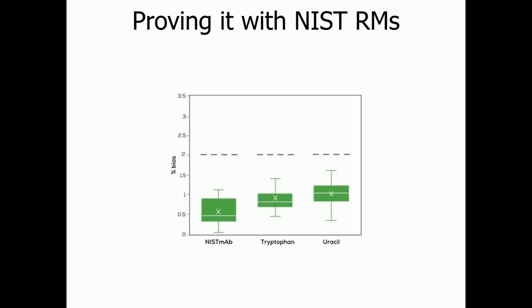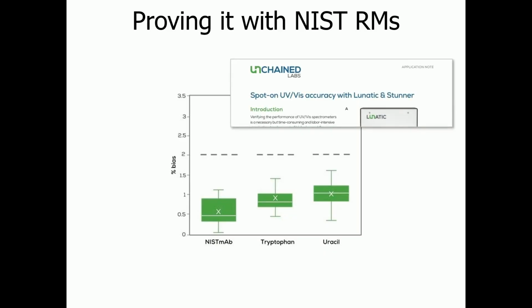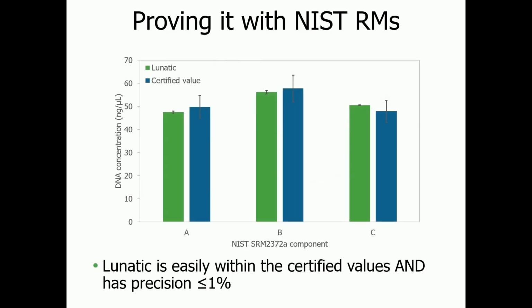You can read about these results and how we did this validation in an app note on our website called Spot On UEVIS Accuracy with Lunatic and Stunner. NIST also offers another standard reference material called SRM2372A, which is a human DNA quantitation standard mainly for the purposes of validating qPCR.